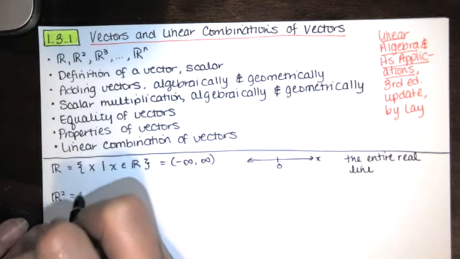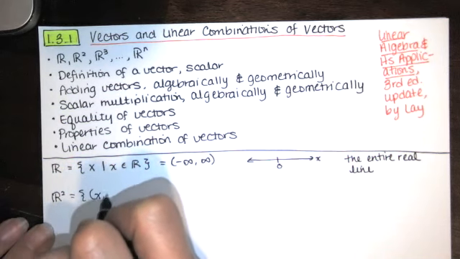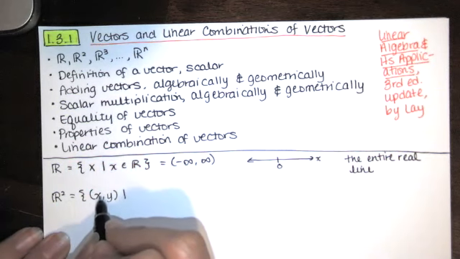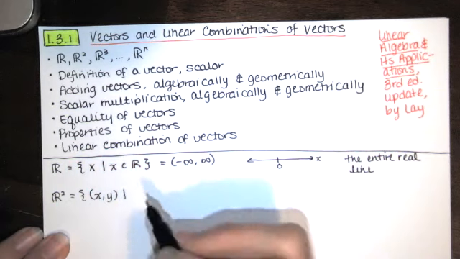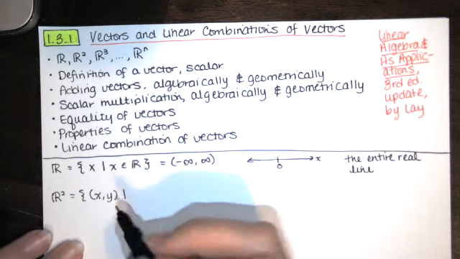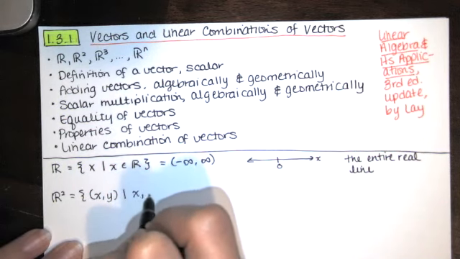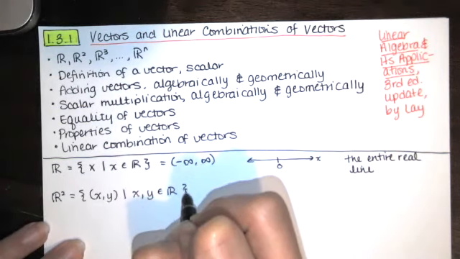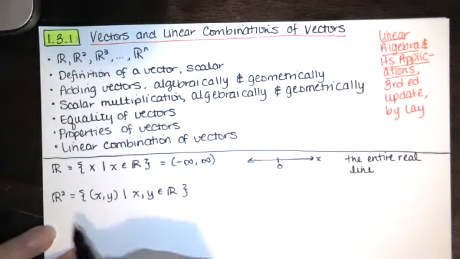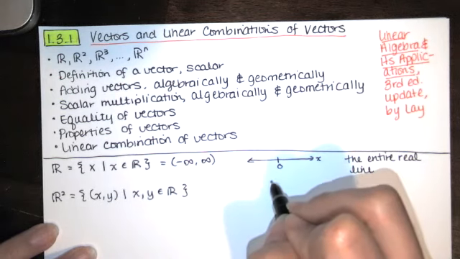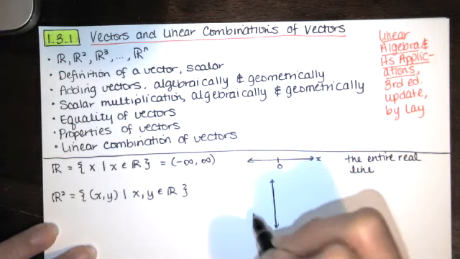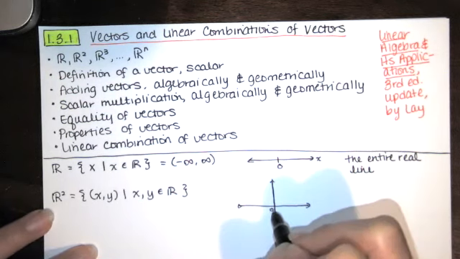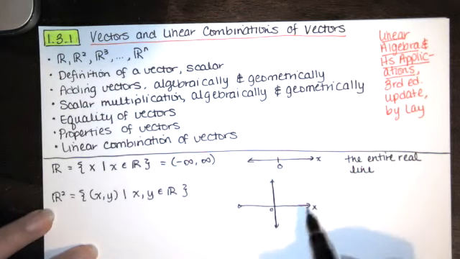Now, R2 is the set of ordered pairs where each element in this ordered pair, or each coordinate in this ordered pair, is a real number. Now, geometrically, the way we typically draw R2 is we take an x-axis, that's an entire real line, and we stick with our convention.